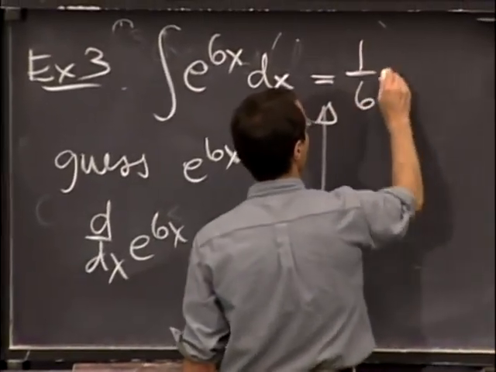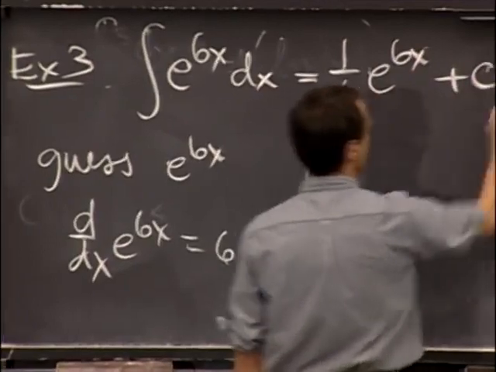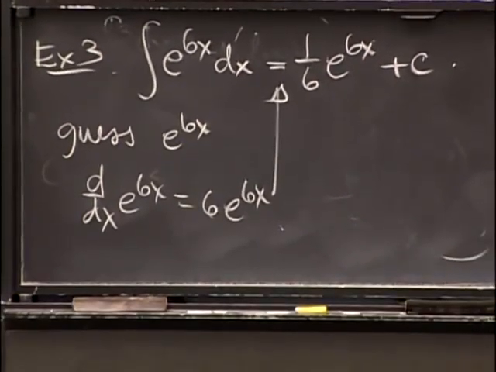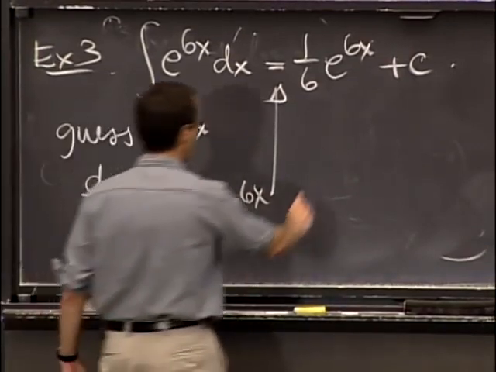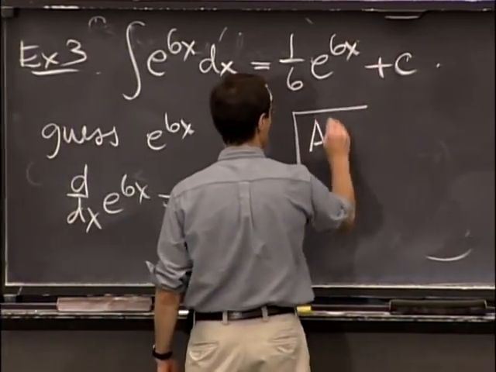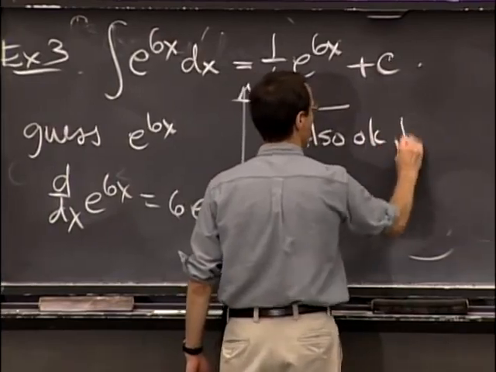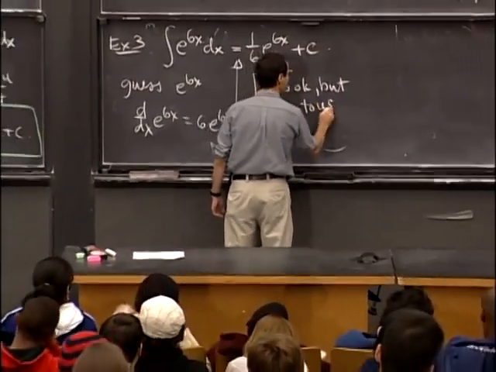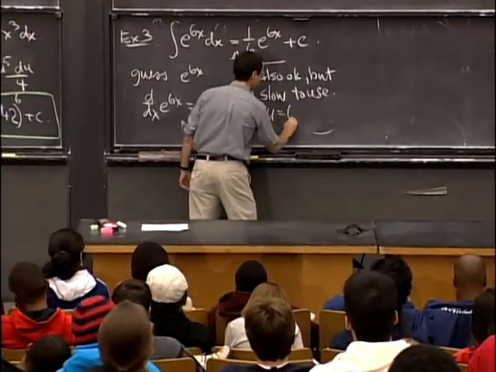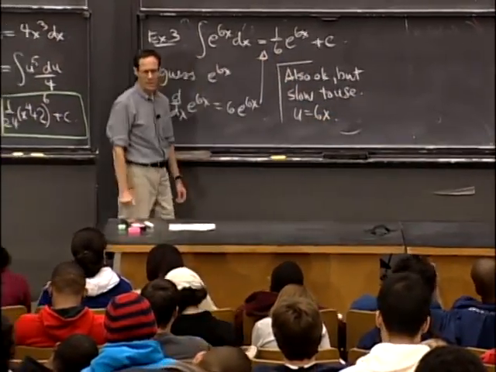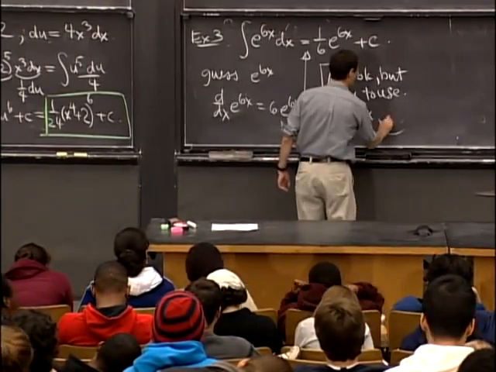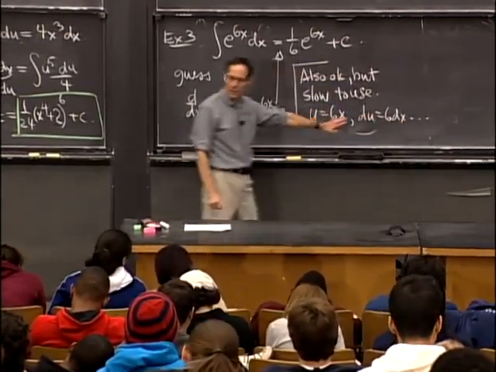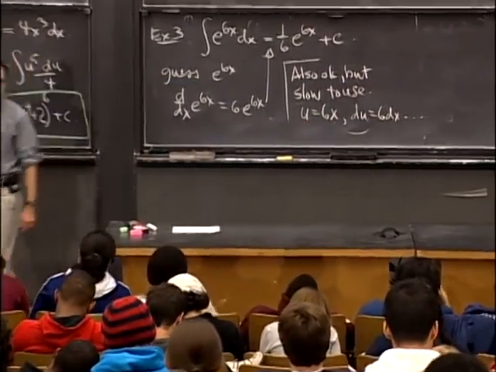It's a 6th e to the 6x plus c. Now, it's also okay, but slow, to use a substitution, to use u is equal to 6x. Then you're going to get du is equal to 6 dx, and so on. It's going to work. It's just a waste of time.